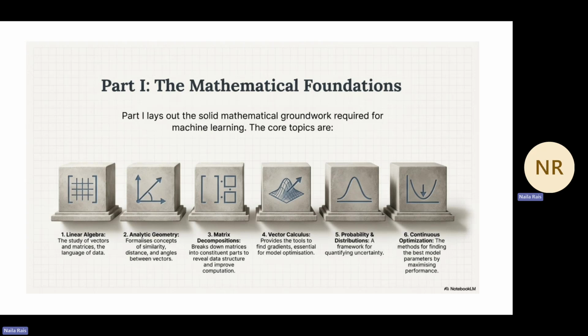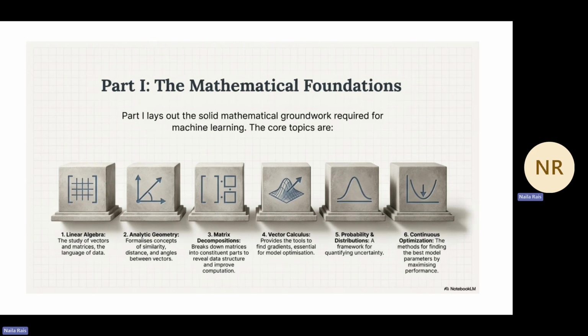So if we have to look into Part 1, the mathematical foundations. Part 1 lays out the solid mathematical groundwork required for machine learning.